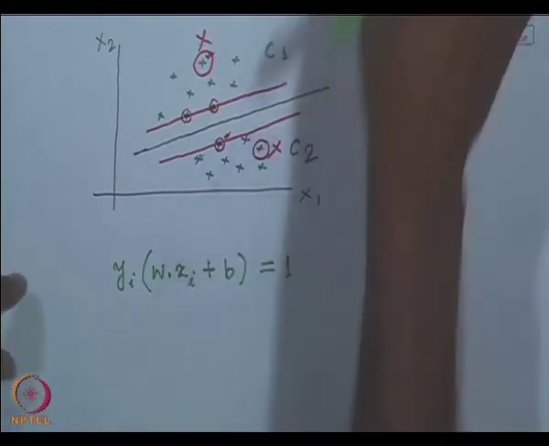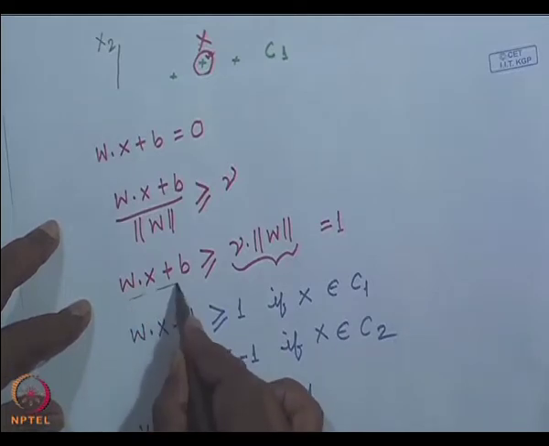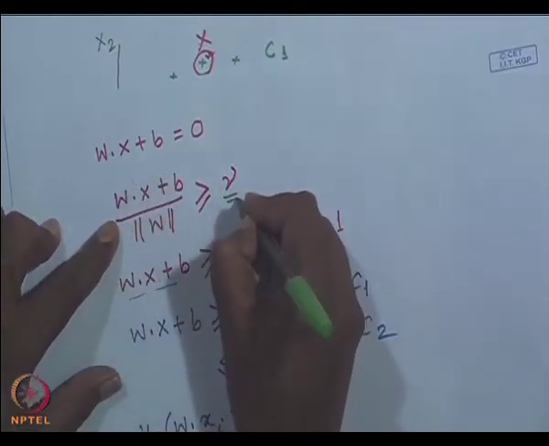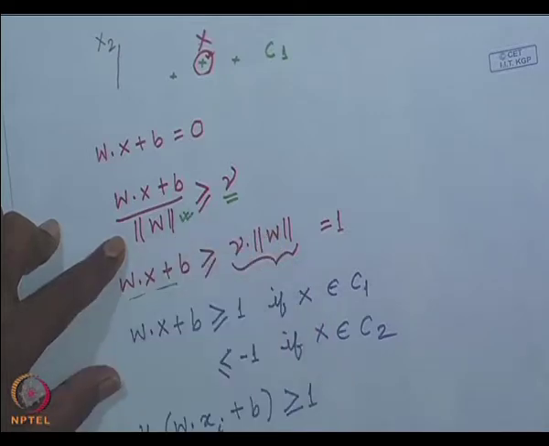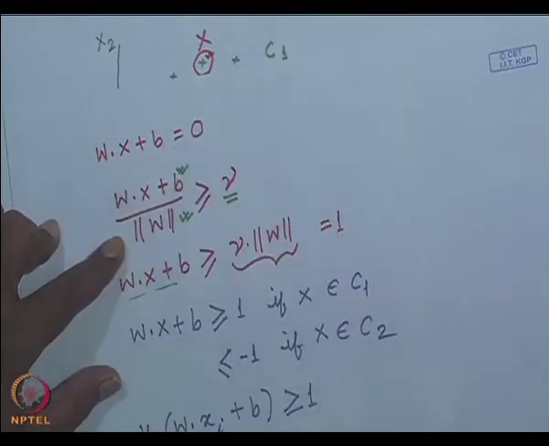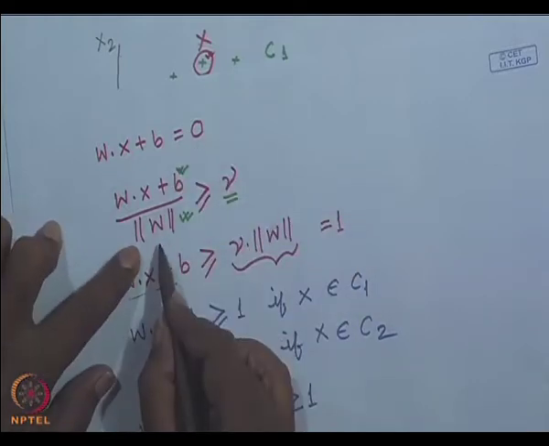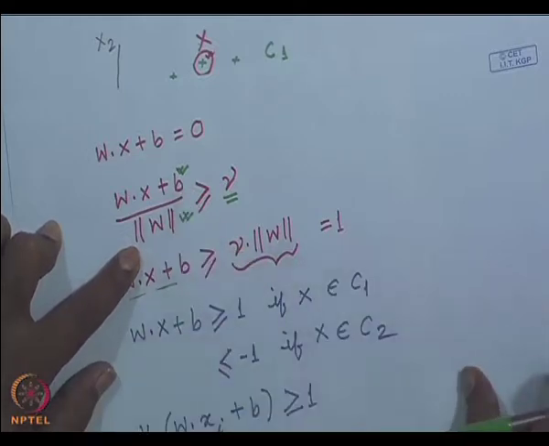Here I want this distance, the margin, to be as large as possible, which can be done from this expression by minimization of mod of w, and at the same time by maximization of the bias b. So, when I try to get this support vector machine, I will try to minimize w, and simultaneously I want to maximize b.